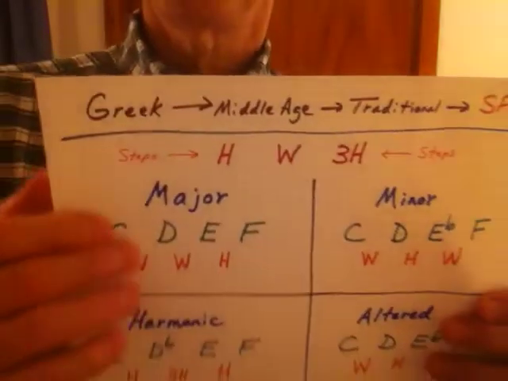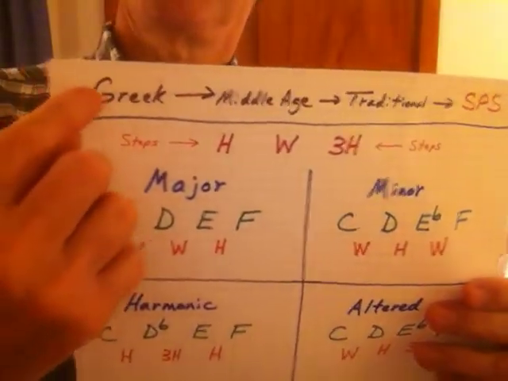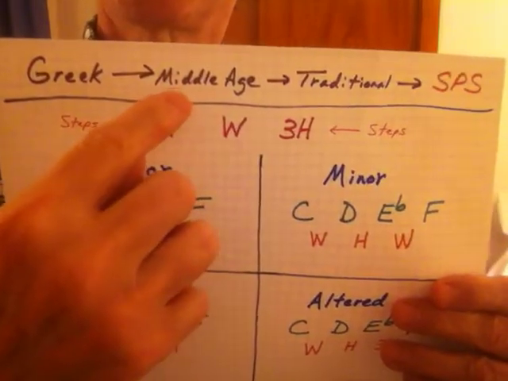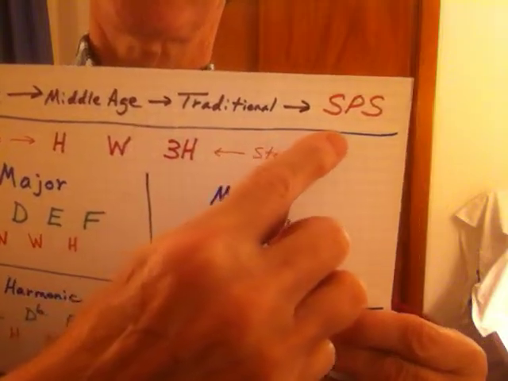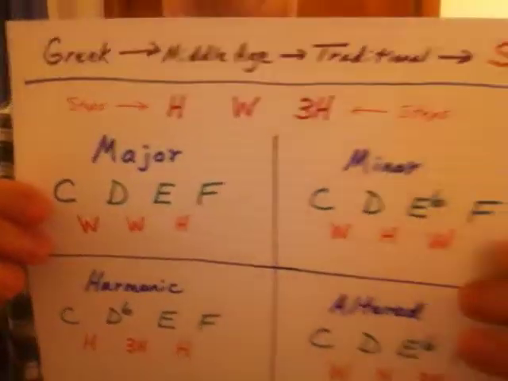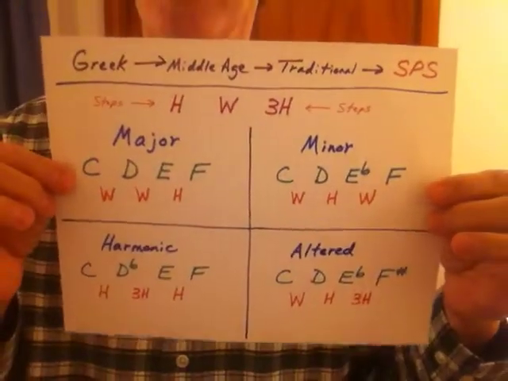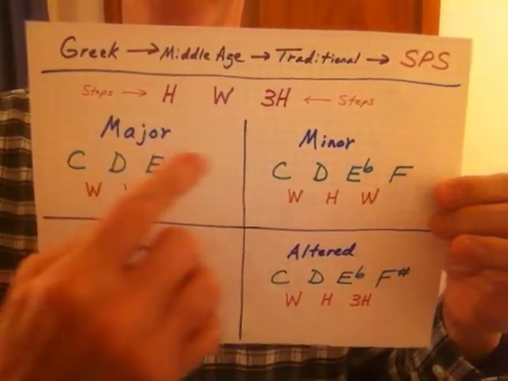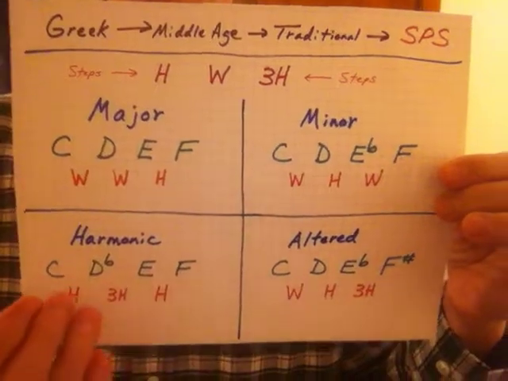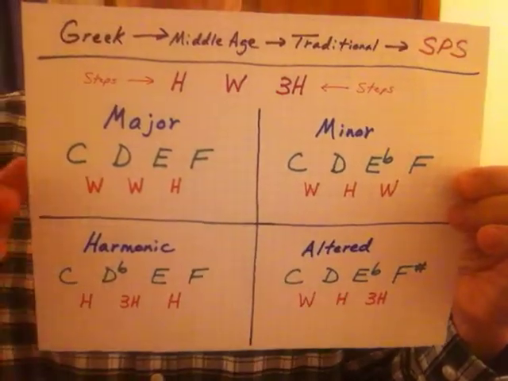So, in my studies, I went through the Greek theory, the Middle Age theory. I went through traditional up to the present day. I ended up with my scale phrase system. That's in my previous videos. And I showed you different scale phrases. I showed you how they're named and why they're named and the half steps and all that kind of stuff.